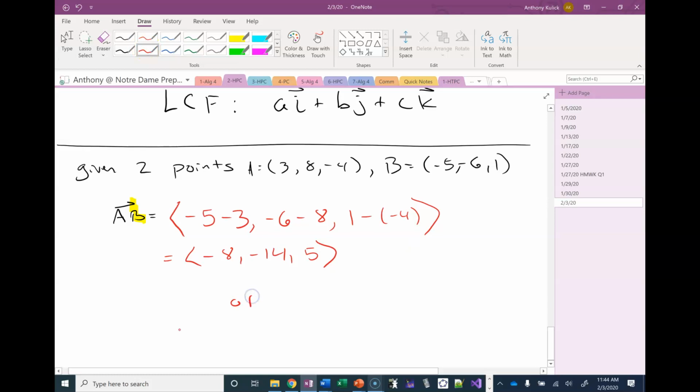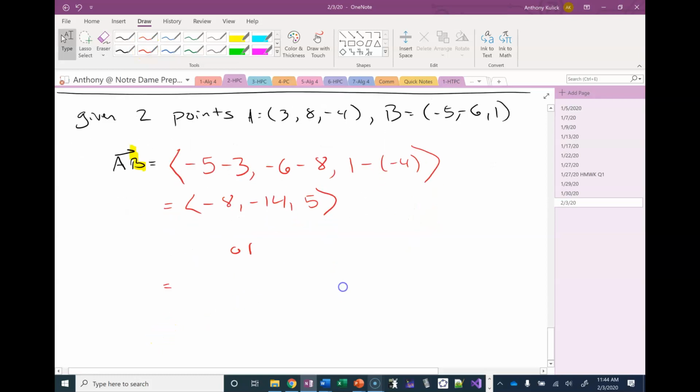Or if we want to write it as ij component form, how would I write this? I'd write it as the column vector -8, -14, 5. Everybody's okay there?